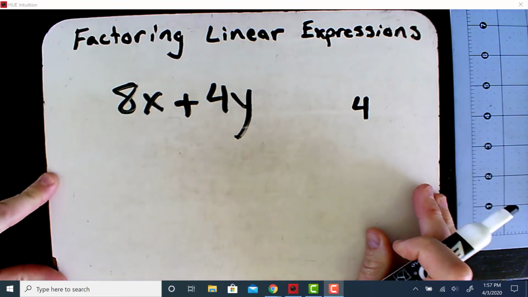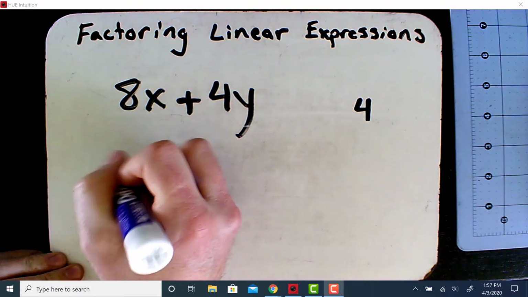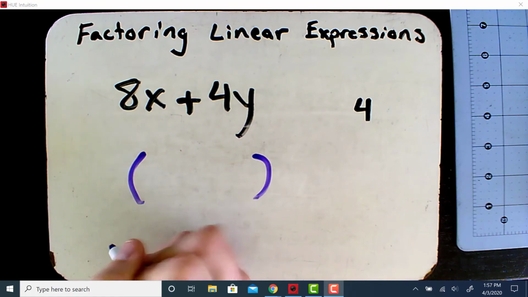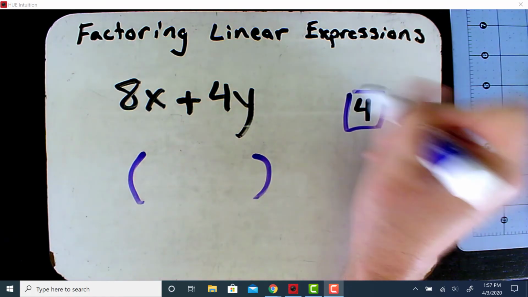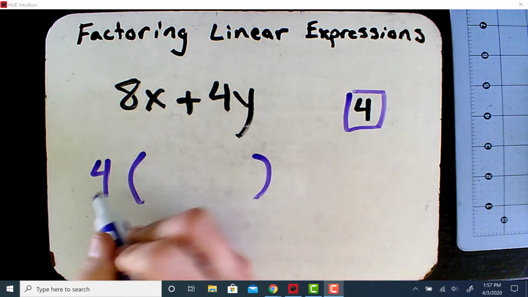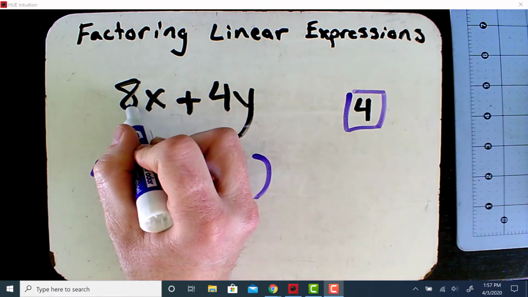So what I'm going to do now is I'm going to try and work my problem in reverse distributive property order. So I'm going to set up my problem like it was a distributive property problem where it has parentheses. And this 4 that I just got is going to go on the outside of my parentheses. And I'm going to ask myself, 4 times what would get me 8?